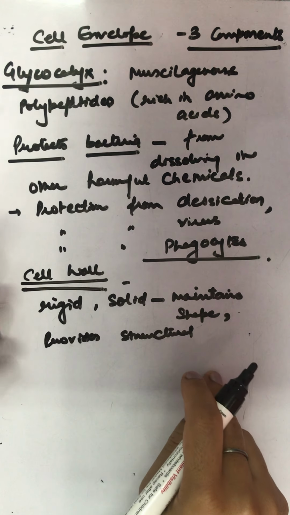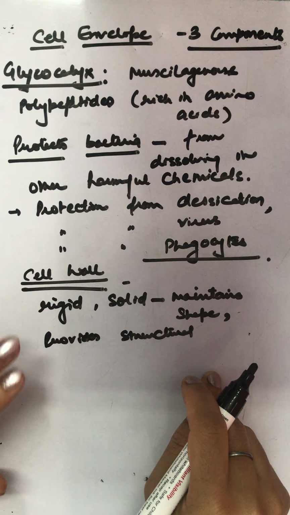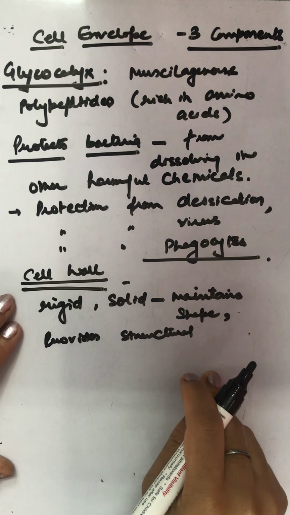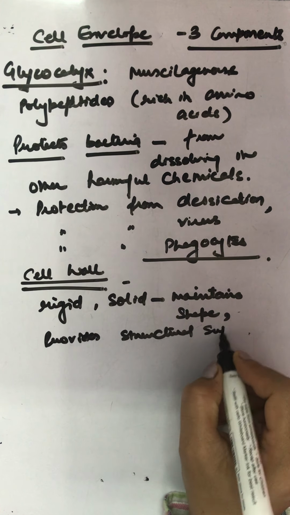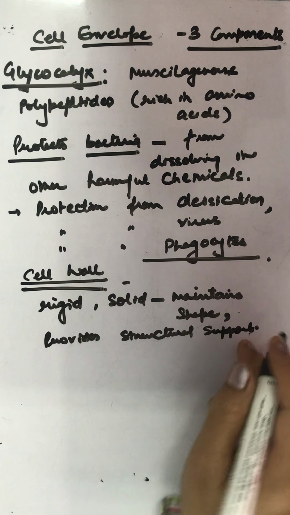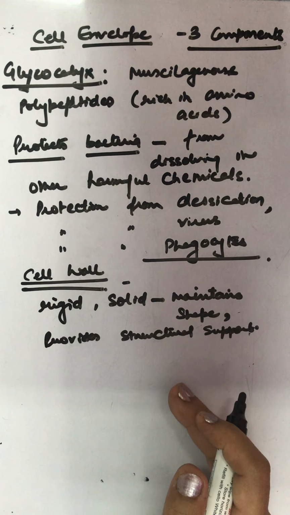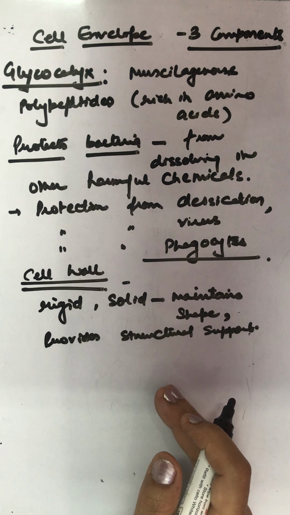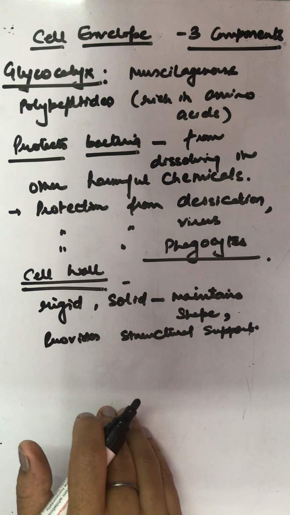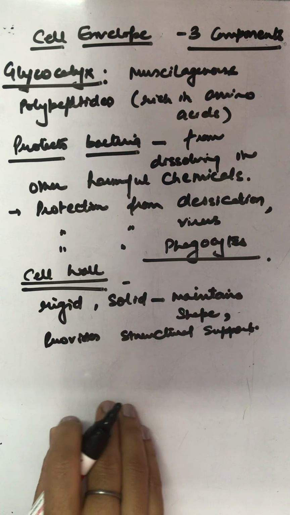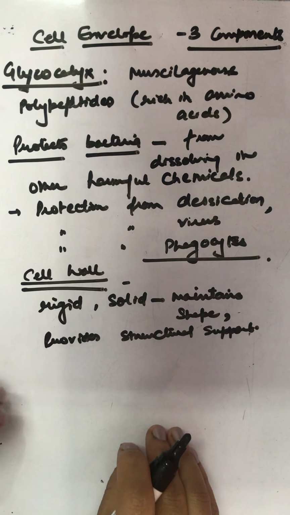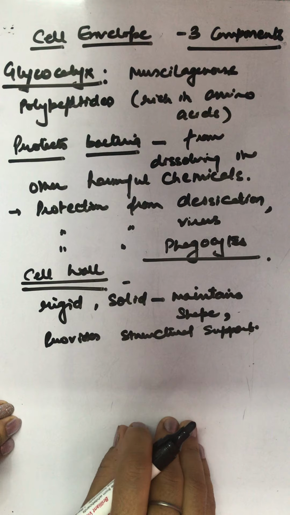That's why we talk about the cell wall in plants. It lies between the plasma membrane and the glycocalyx, and it is basically a channel for the transport of material in and out.